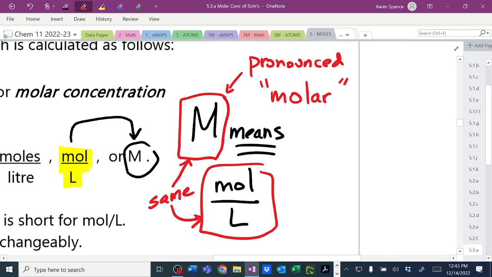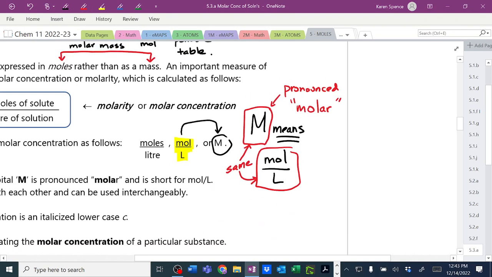So if I say 1 molar, I mean 1 mole per liter. If I say 0.5 molar, I mean 0.5 moles of solute per liter of solution. Is that good? Okay, I will keep reminding you of this because I know it's weird language and it takes some time to get used to it.